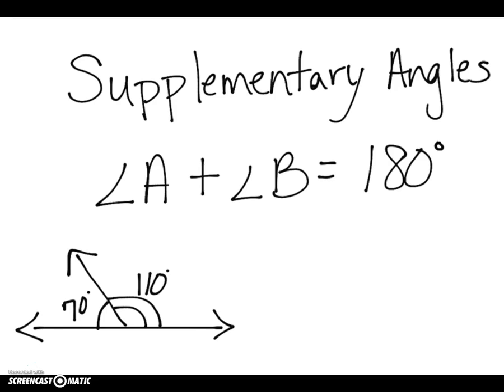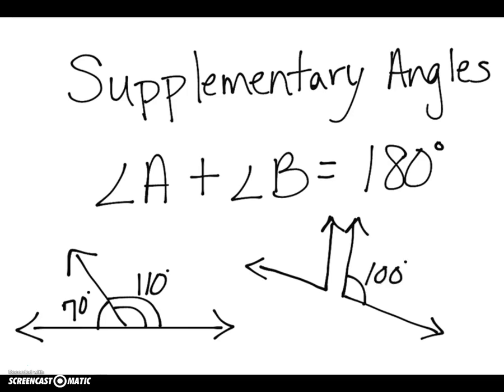But they don't have to be connected. I could also have something that looks more like this and this. This one might be a 100 degree angle, and this one might be an 80 degree angle, and those would also be supplementary because they would still add up to 180 degrees. Okay.